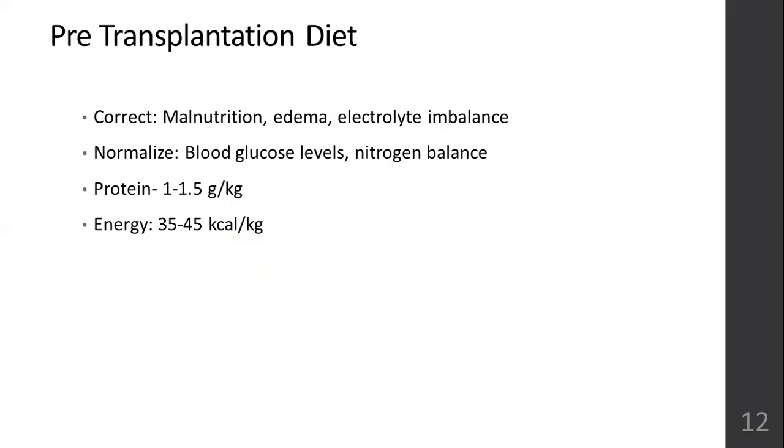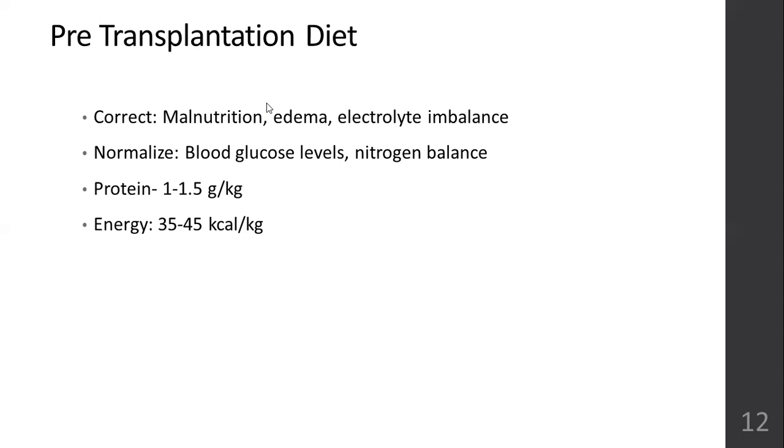Before transplantation and after transplantation, the diet is slightly different. Pre-transplantation, if the patient has some malnutrition, deficiency, symptoms like edema, or electrolyte imbalance, these things have to be corrected medically. You can provide vitamin supplements and IV fluid.